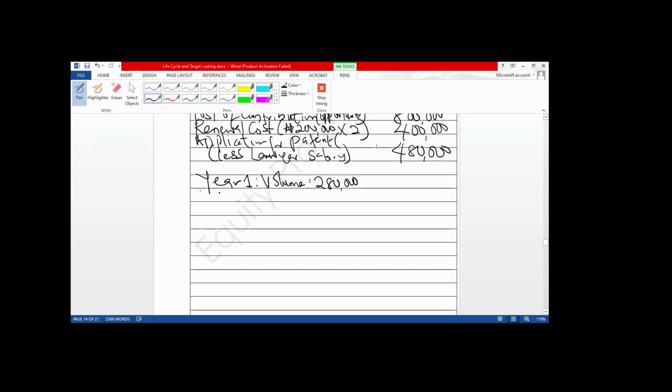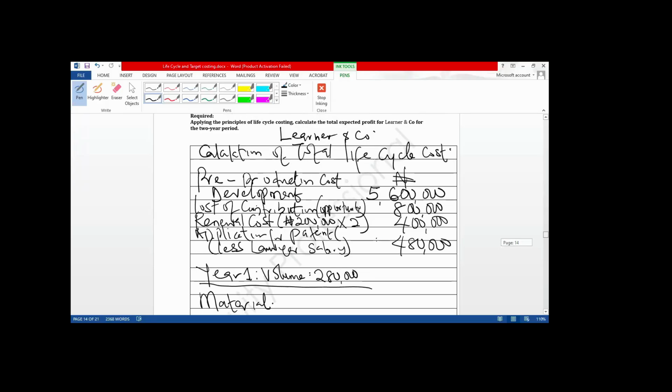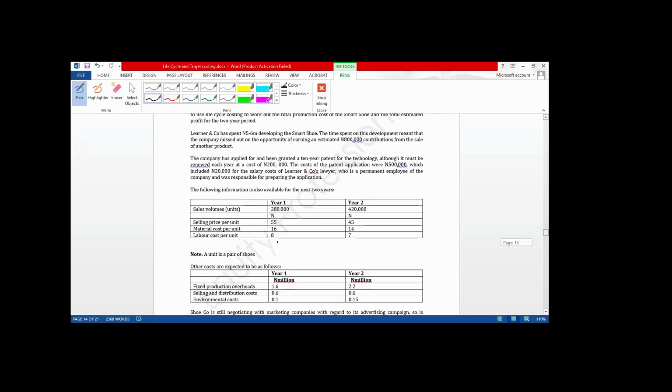Now pick your material cost. Please, what is material cost for year one? 16 naira. Labor cost 8 naira.